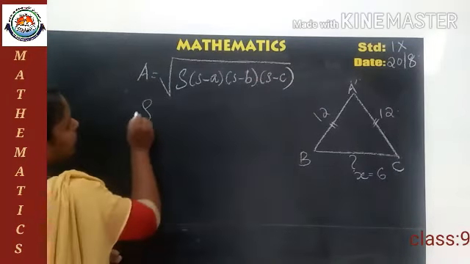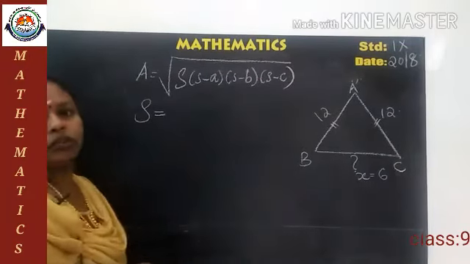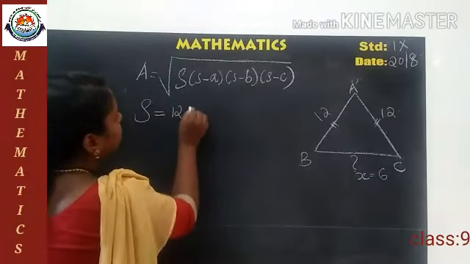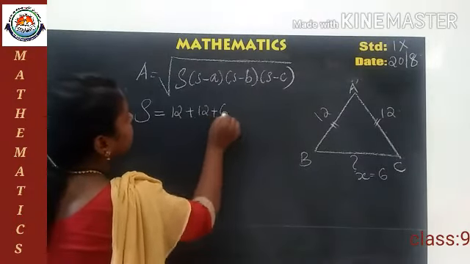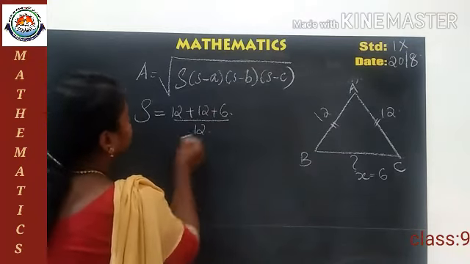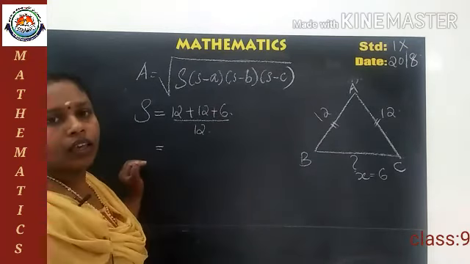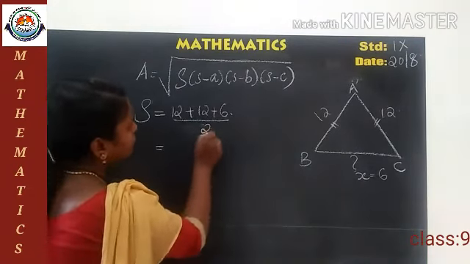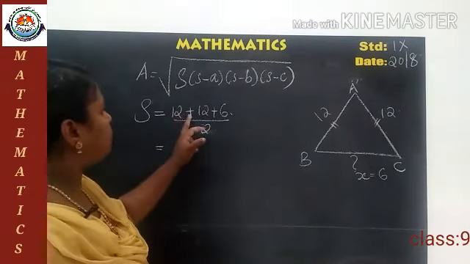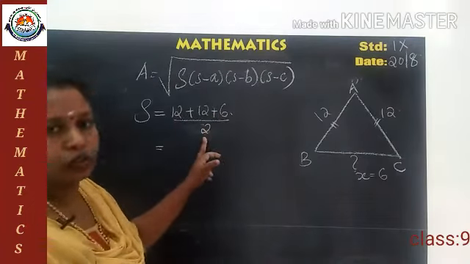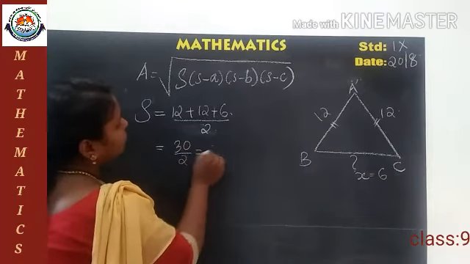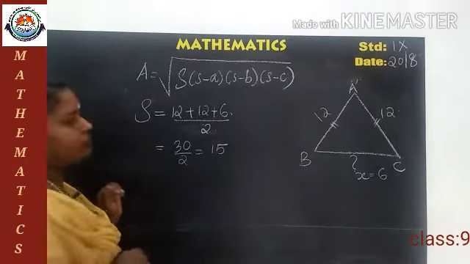And here s equal to a plus b plus c by 2. That is 12 plus 12 plus 6 by 2. Then 30 by 2, which is 15.